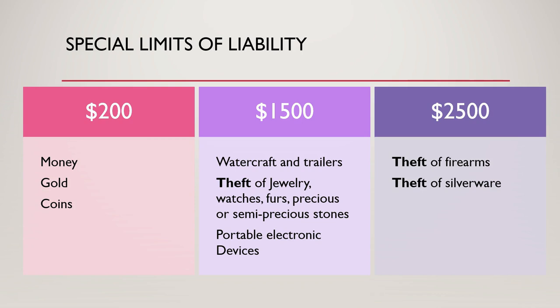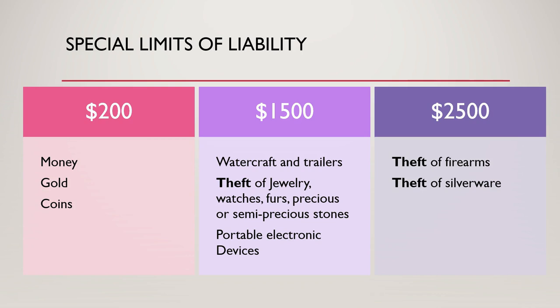Here's another. If in that fire, your jewelry worth $10,000, let's say you have a wedding ring worth $10,000, was damaged, based on the special limits of liability, you would still be covered up to that $100,000, the 50% of replacement cost coverage, because the peril was fire and not theft.